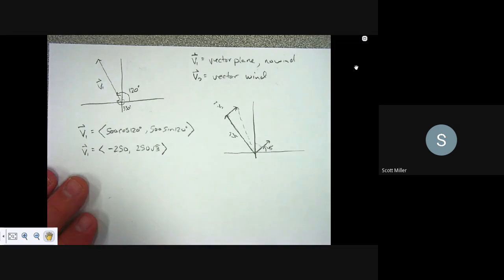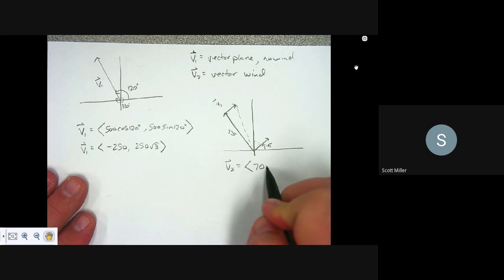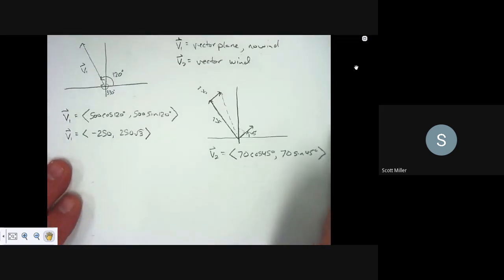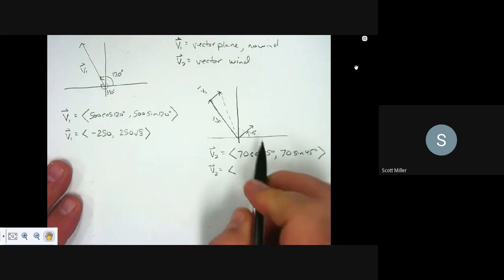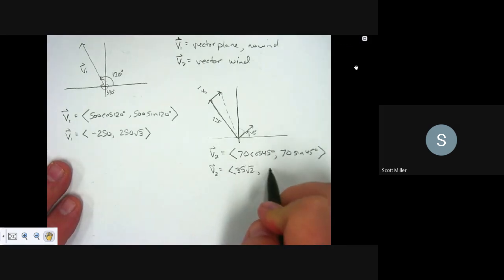Now let's do the wind. The wind came in at 70 miles per hour at an angle of 45 degrees. So working that out, we'll see that this is going to be 35 times the square root of 2, and this is also 35 times the square root of 2.